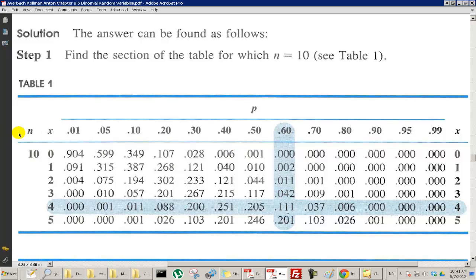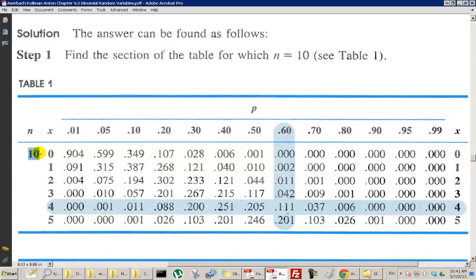So for example, here's n. So this is the case where n equals 10. So that means that this is the part of the table. You can look for a binomial random variable table on the internet. I'm sure you'll find them, and you'll scroll down and look for the case where n equals 10, and then x is the number of successes in 10 repetitions.